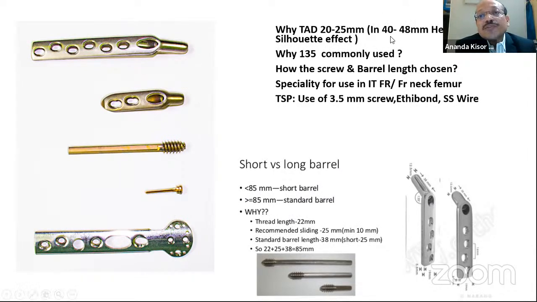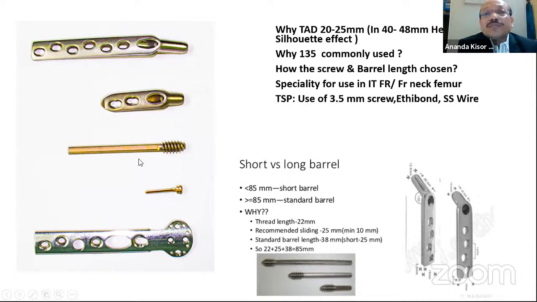If it is 10 millimeter in the AP view and 10 in the lateral view, that comes to 20. Similarly, 12 plus 12 comes to 24. So TAD should be 20 to 24, basically to obviate this cutout effect, as the femoral head is a rounded one. So that is the basis of the head.